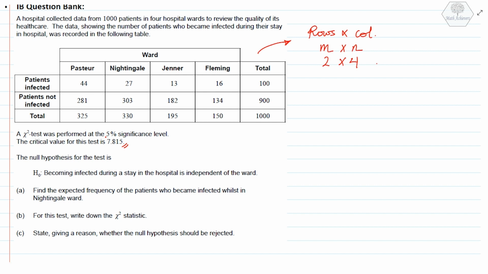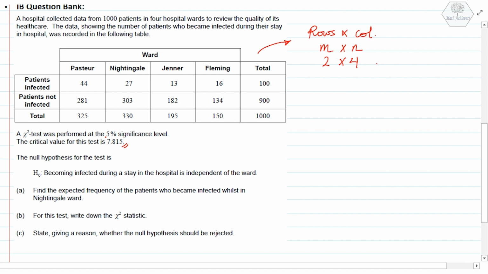So the patients that are infected whilst in Nightingale, this is the value. In order to find the expected value, I need to multiply the total of the row times the total of the column divided by the grand total, which is 1,000. So for part A, the expected value is equal to 100 times 330 over 1,000.